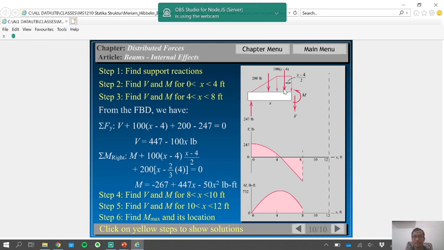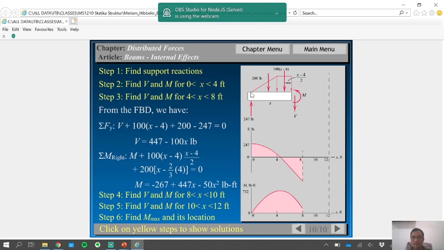Then after that, we can calculate using sigma Fy and sigma moment to calculate for V and M. Remember, just now the distance from the left edge to the cut is x. But this particular distance is supposed to be x minus 4. Why x minus 4?